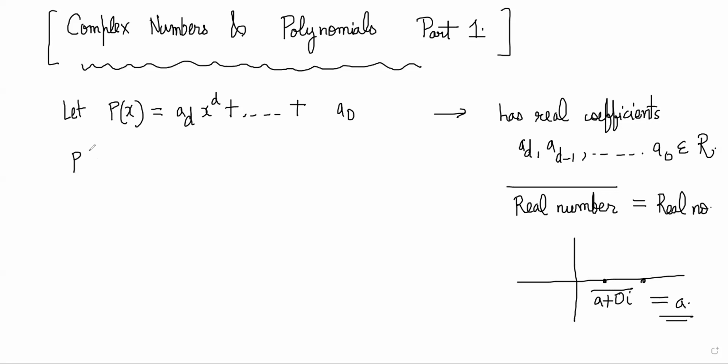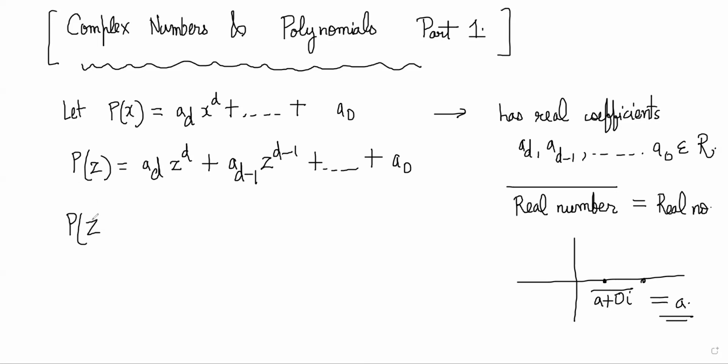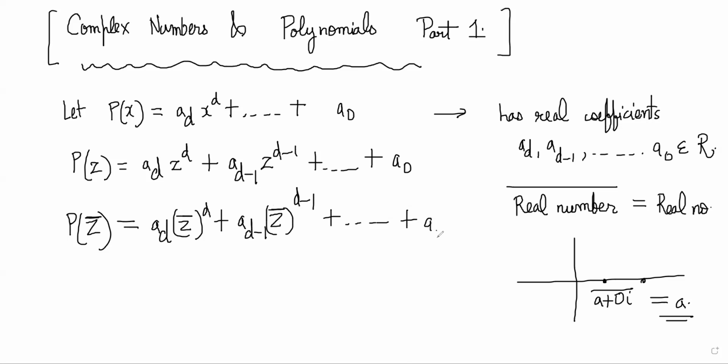Let's say we write this in terms of z, as a_d z^d plus a_(d-1) z^(d-1), and so on till a naught. This is my complex polynomial p(z). Here z can be a complex number. If you calculate p of z conjugate, what will that be? It will be a_d times z conjugate to the power d plus a_(d-1) times z conjugate to the power d minus 1, and so on till a naught.